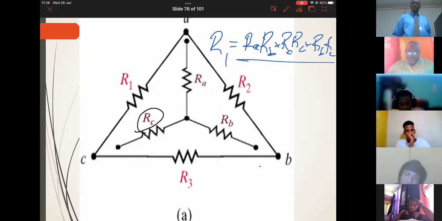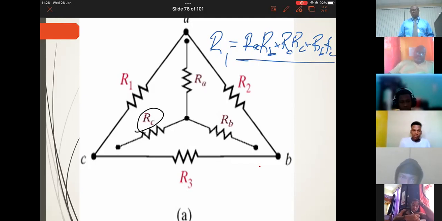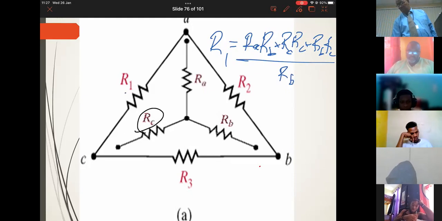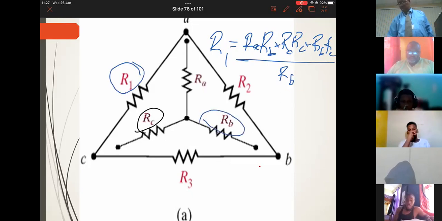And I'll divide. Now, when we're going from delta to star, we spoke about adjacent resistors. When we're going from star to delta, we speak of opposite. So R1, you will be dividing by RB because it's opposite. R1 is here. That's the equivalent that you want. RB is opposite to it.